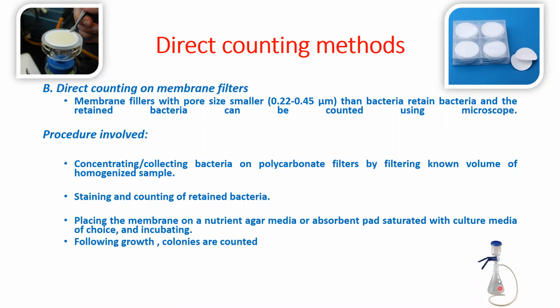This is the conical flask, which is connected with a tube, and this tube goes to the vacuum machine, where the vacuum will be created. On the top we have a sample loading part, where we will load the sample, and we have clamps. In between these parts we place the membrane filter, over the top of this flask.